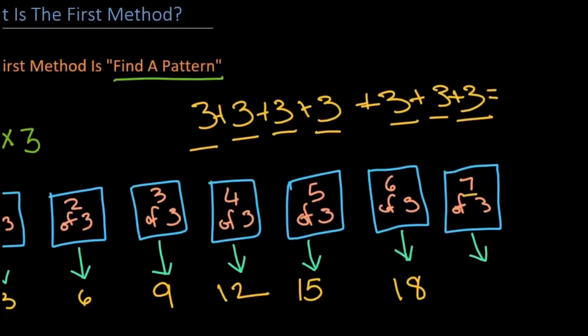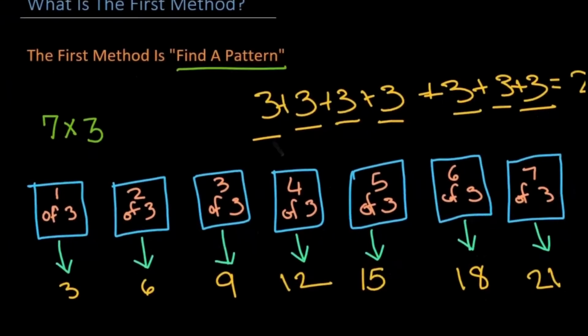We have 7 groups of 3. So 3 plus 3 plus 3 plus 3 plus 3 plus 3 plus 3, or 7 groups of 3, is equal to 21. So 7 times 3 is equal to 21.